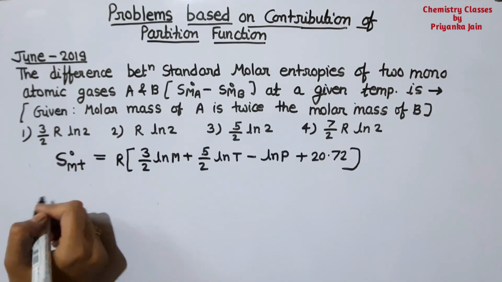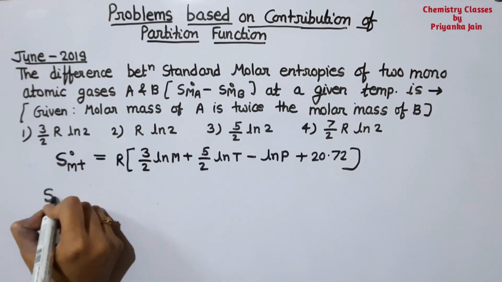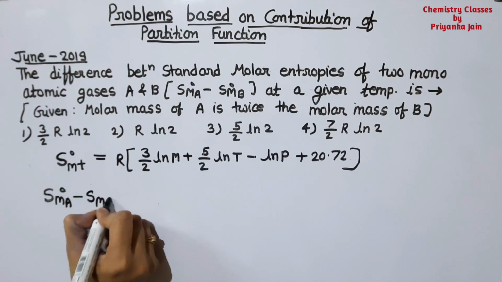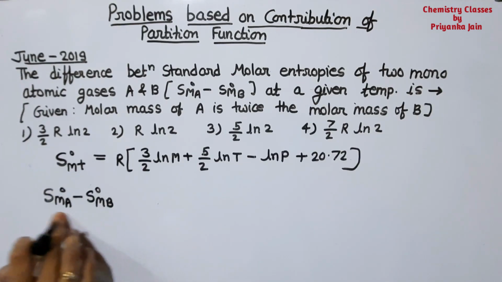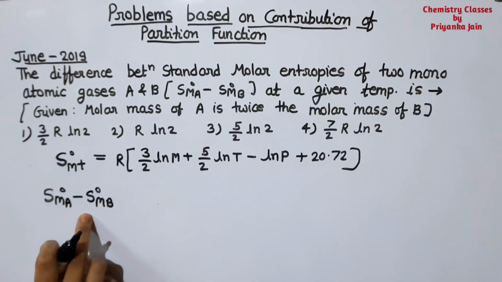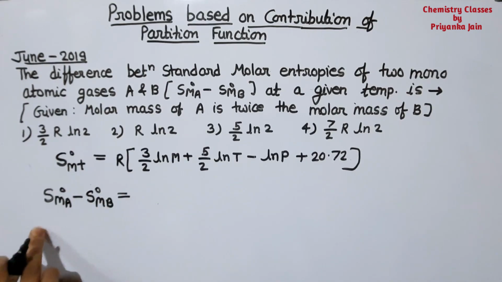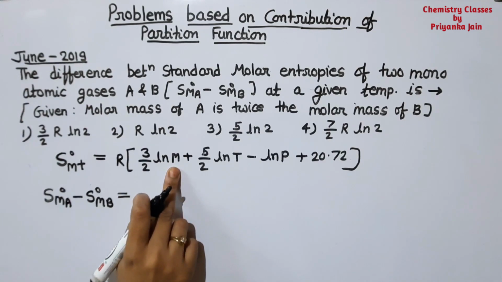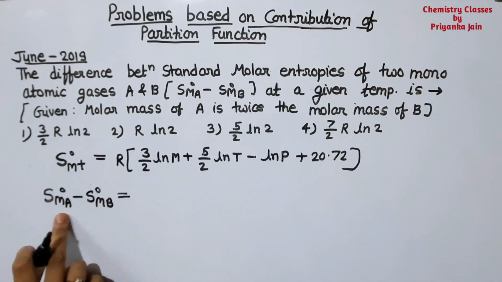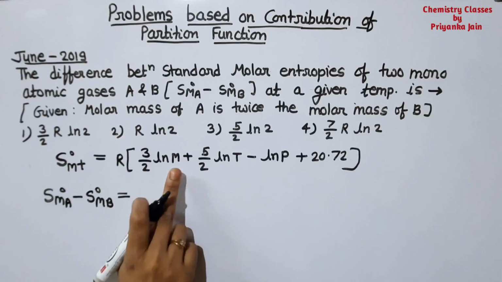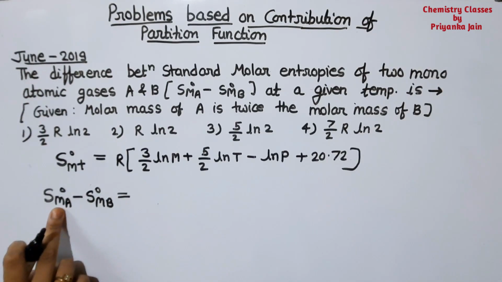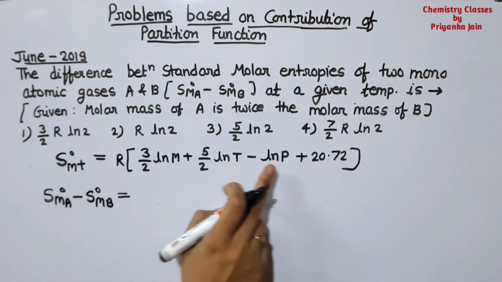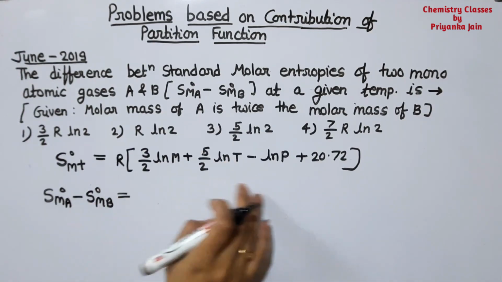So when we have to compare the molar entropies of the two gases, you can understand that it is directly proportional to the logarithm of the mass, and for the two different gases the mass will be different, while the temperature and pressure remain the same for both of them.